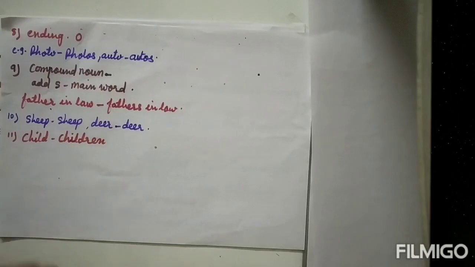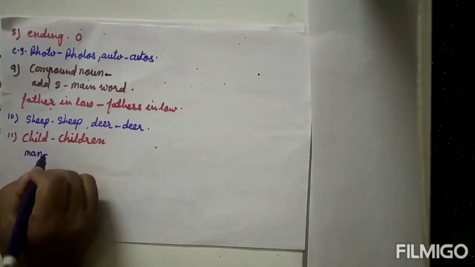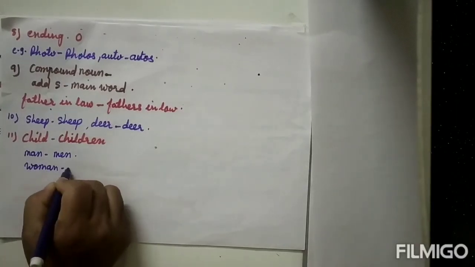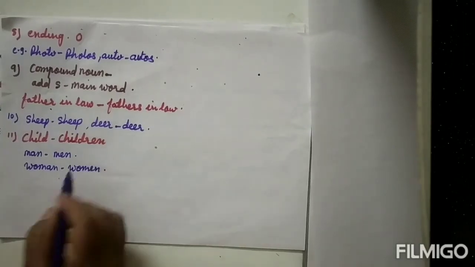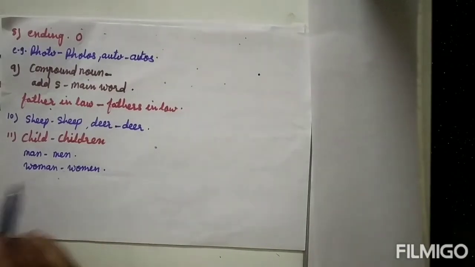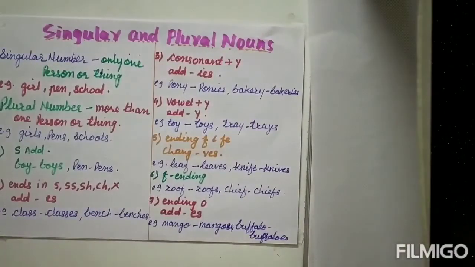One more example, man, men, woman, women. Means they are irregular. We have to memorize these words. Okay. So this is about the singular and plural nouns.